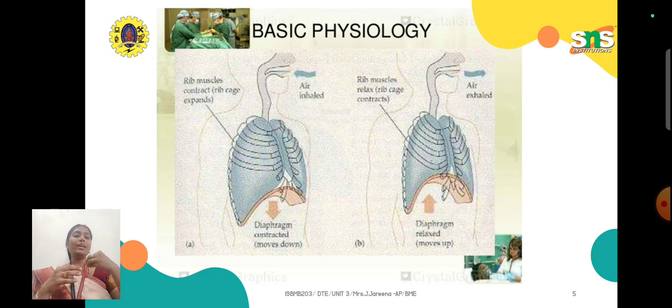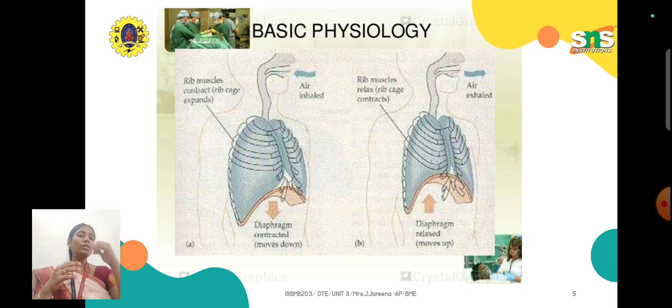To increase the thoracic pressure, the volume of the lung has to be reduced, because volume and pressure are inversely proportional. To reduce the lung volume, again two processes happen. One, the rib cage, which contracted during inspiration, now relaxes.